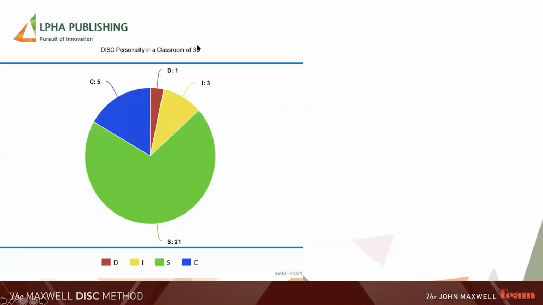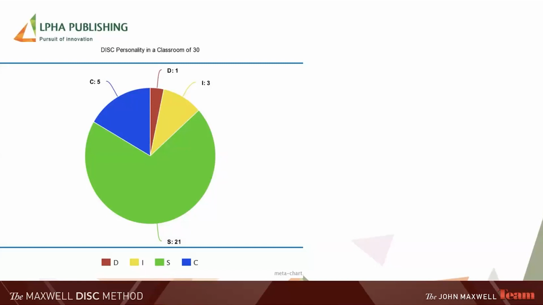Now, here's a graph here. We're going to go through a hypothetical situation. Imagine you're in a classroom of 30, and I know you teachers are having a heart palpitation at the thought of having 30 students in a classroom. But let's imagine a classroom of 30. Now, using the percentages that I gave you, you can expect in a classroom of 30 that you're going to have one purely dominant student.